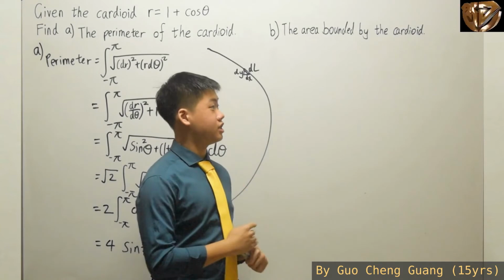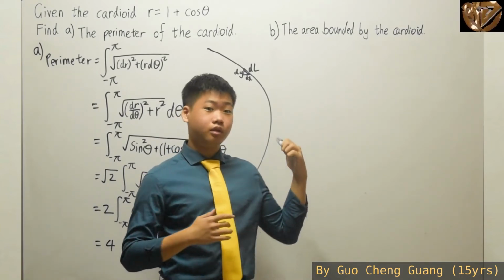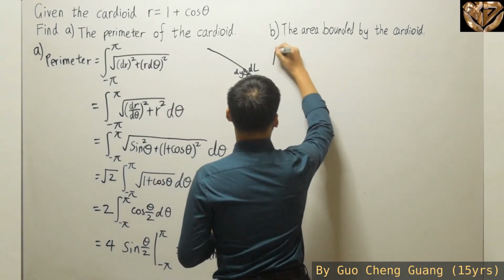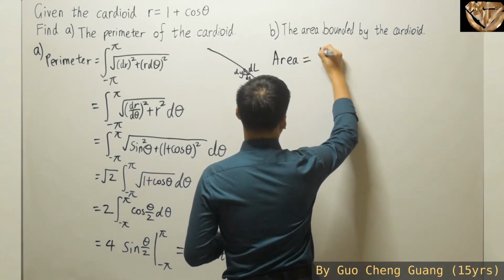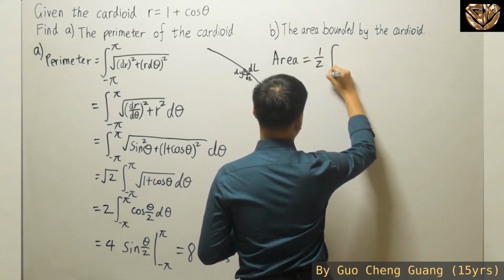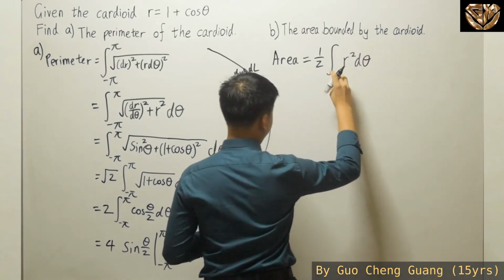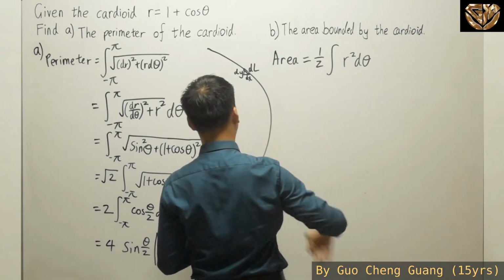As we said just now, we would go by the sector area. So this area would be equal to half integrate r squared d theta, but this now has to be from something to something that includes the entire round of it.